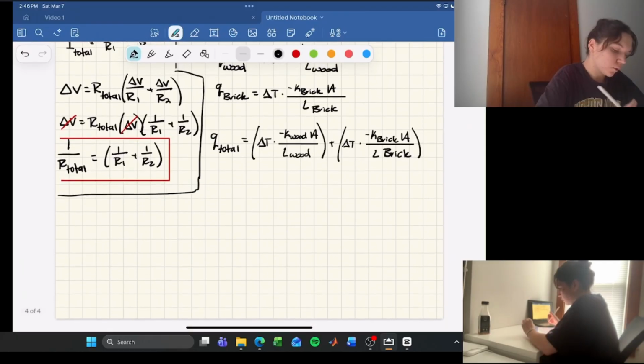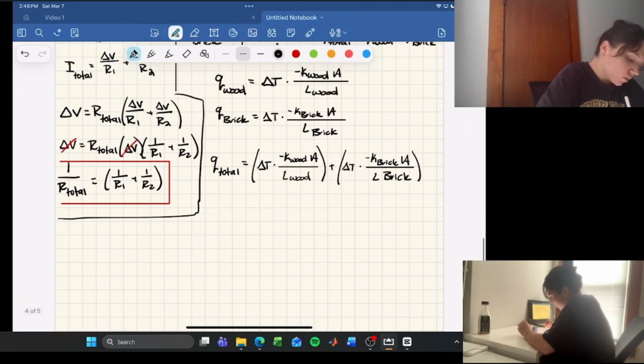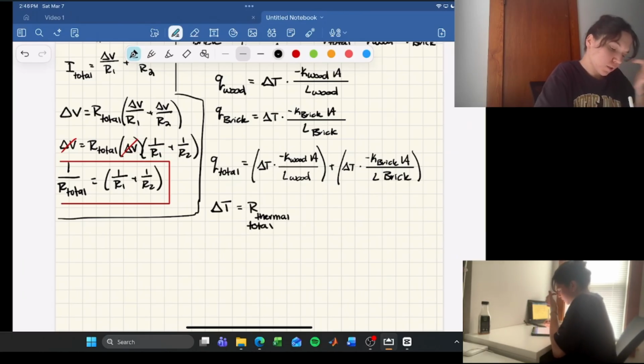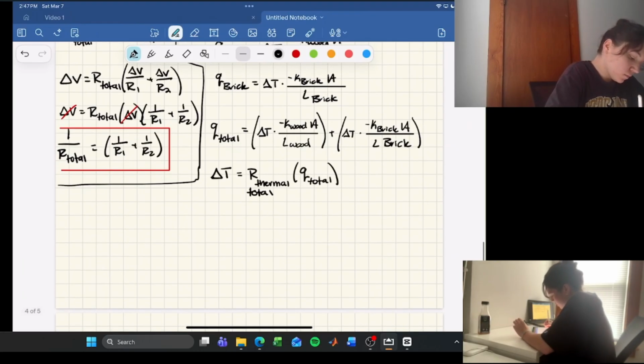We know from earlier that, let me make a new page, the total change in temperature is equal to the total thermal resistance times the total heat flow. I'll just say that the T is thermal.